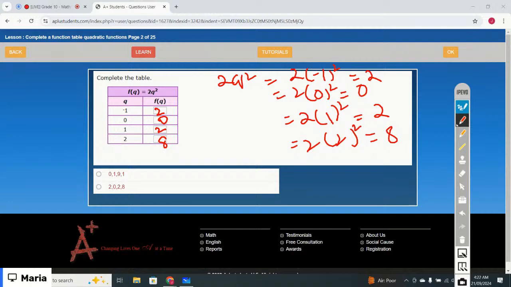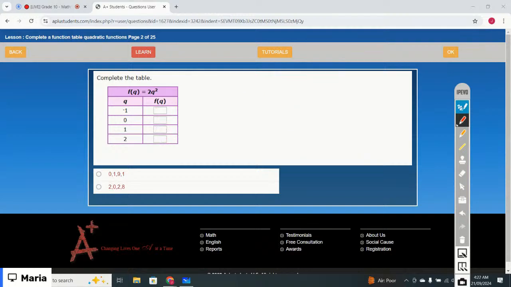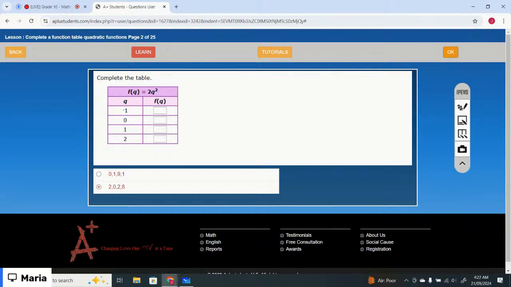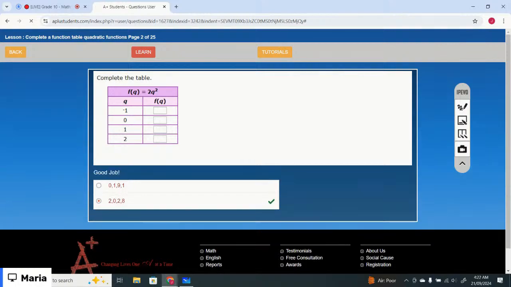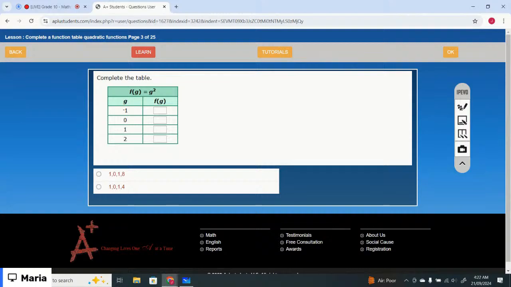The correct option is option number 2. Complete the table. So which is the correct option?